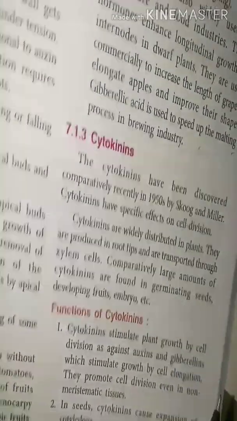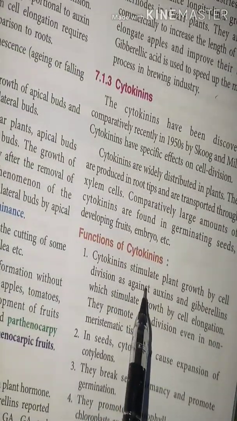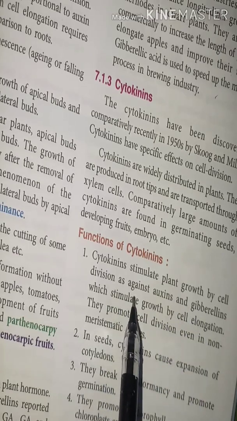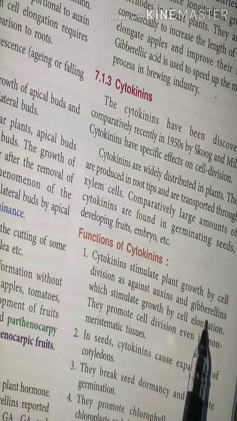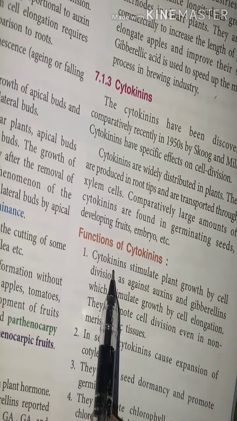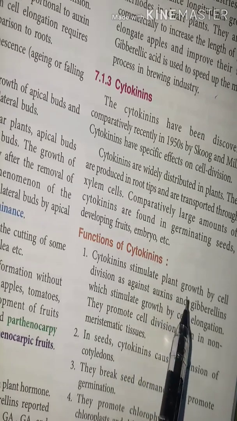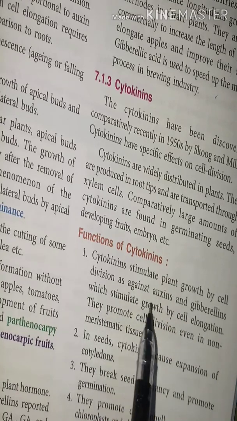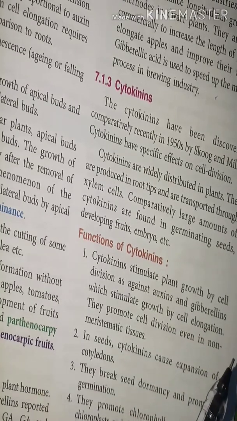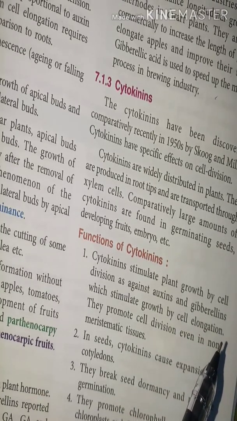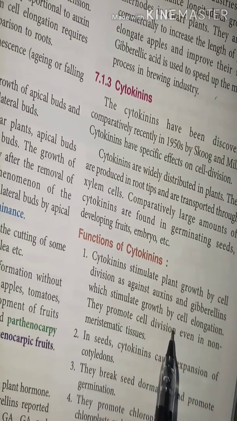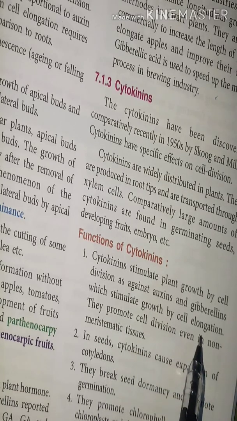Now the function. Cytokinin stimulates plant growth by cell division, as against auxin and gibberellin. Here the function of cytokinin is opposite to that of auxin and gibberellin, which stimulate growth by cell elongation.